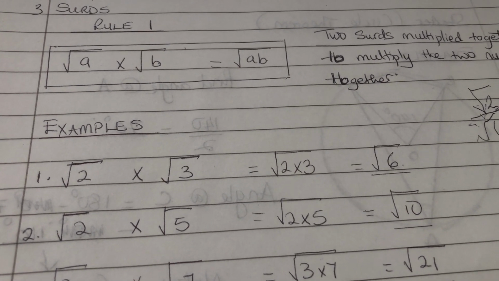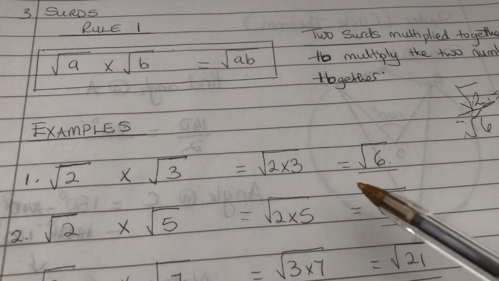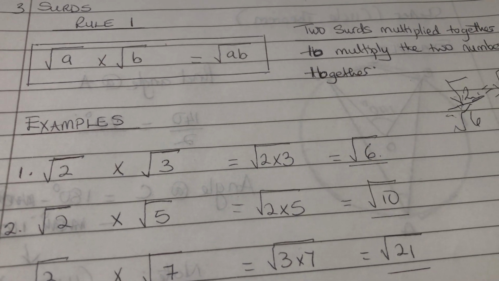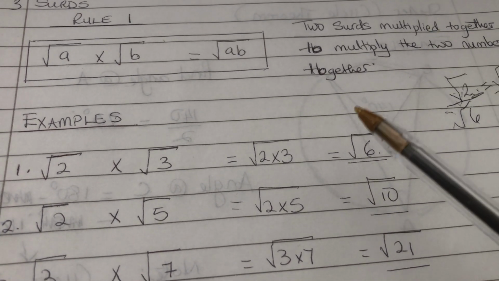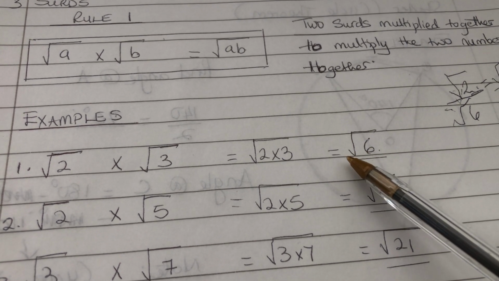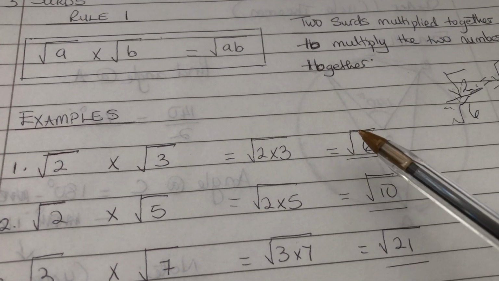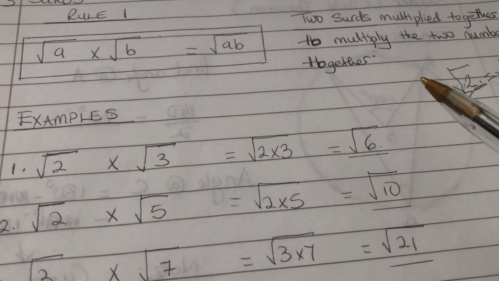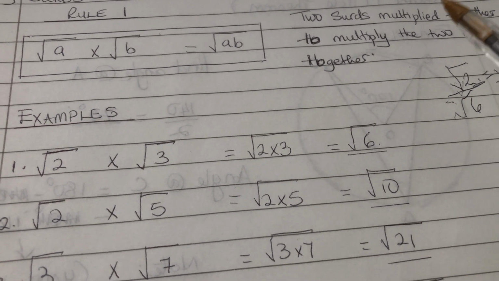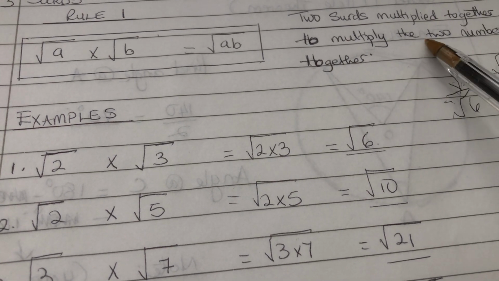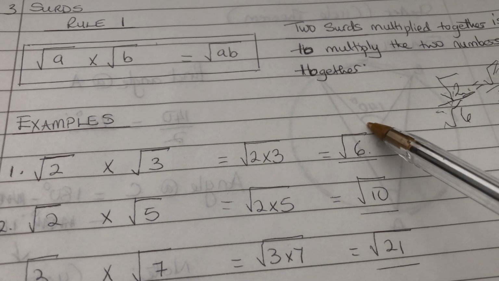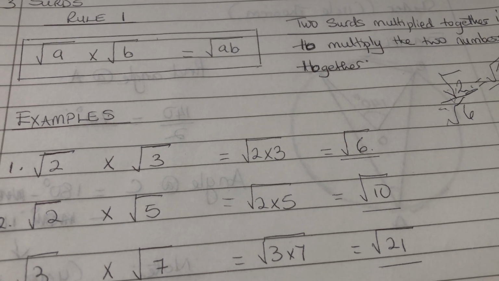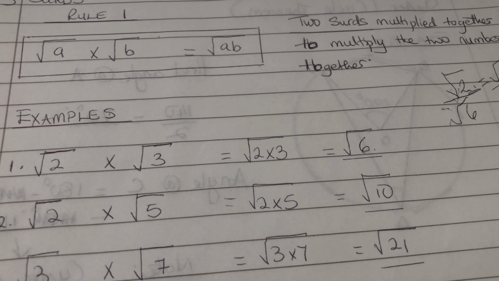So like difference of two squares, your ability to look at a surd problem and say, okay, root 21, I'm going to break it down to root 3 times root 7, because I can see those factors in the numerator or the denominator and use them to cancel out. Otherwise you'll be stuck.